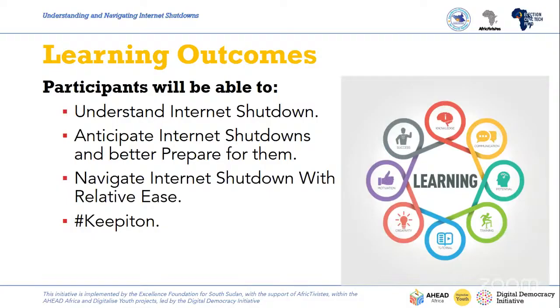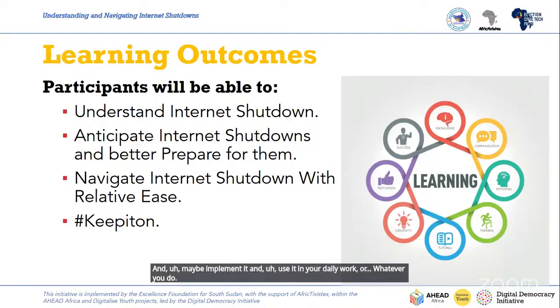So in the learning outcomes, here we are basically talking about what you should be able to pick from today's session and maybe implement it and use it in your daily work or whatever you do. Firstly, after the session, you should be able to understand what internet shutdown is.